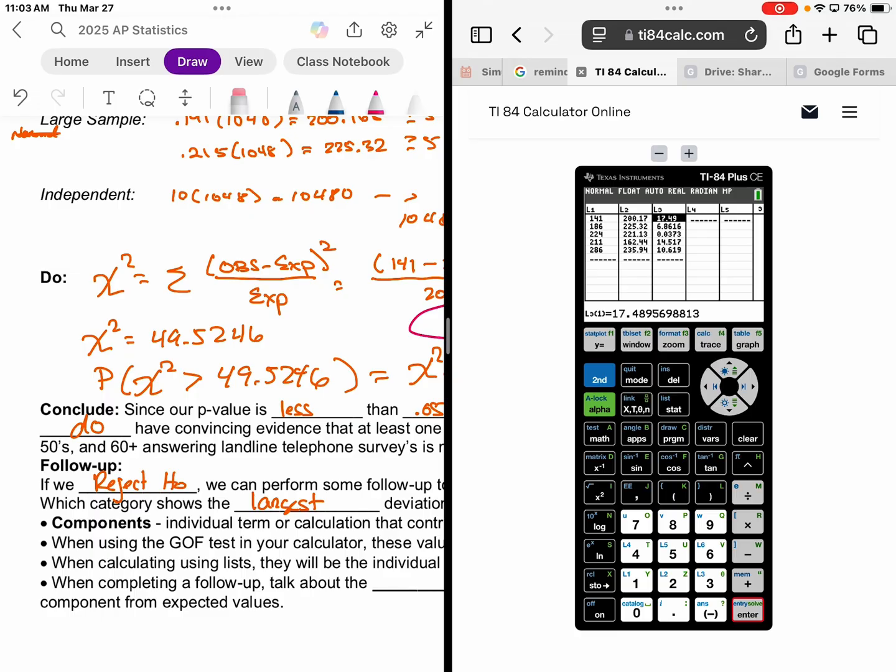Looks like the 50-year-olds, right? The next to last at the bottom, because the 60-year-olds were the last one. So right up above it was the 50-year-olds, so my age group.